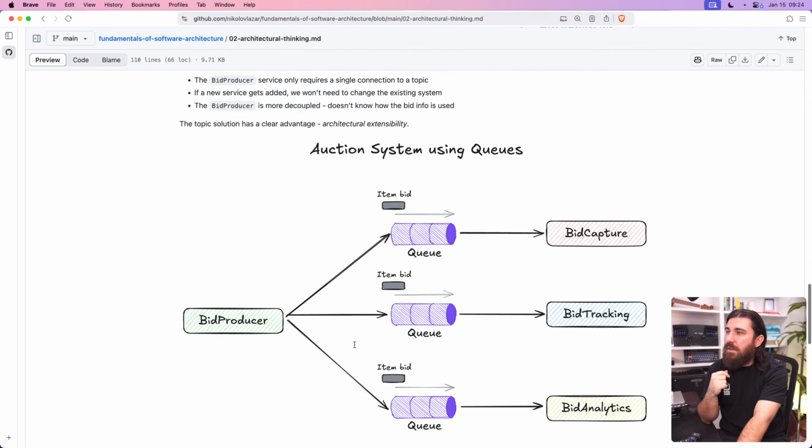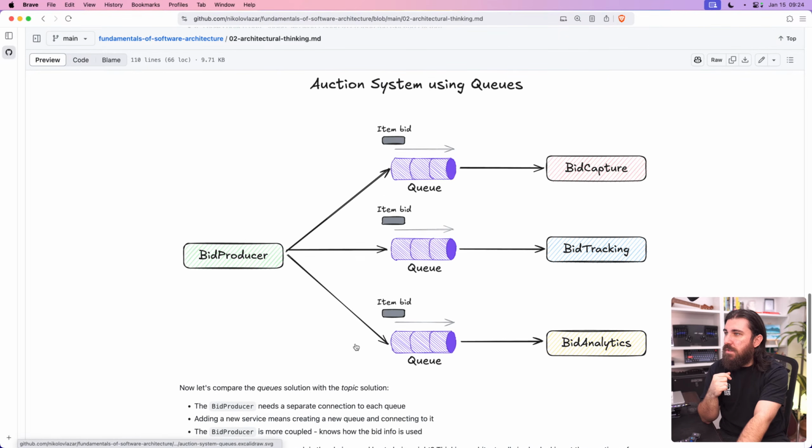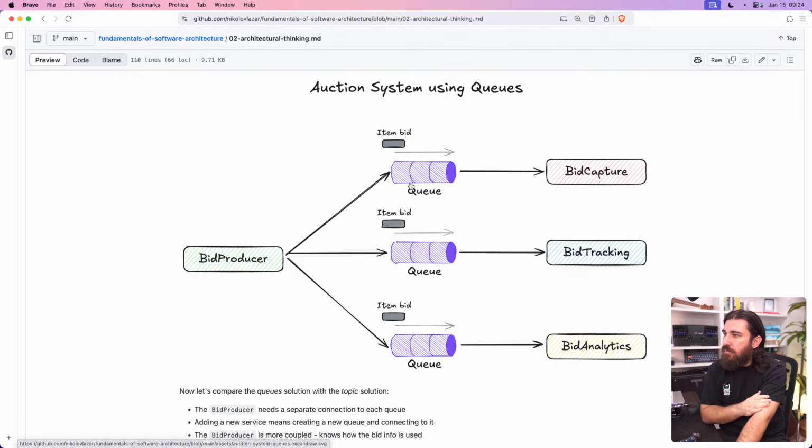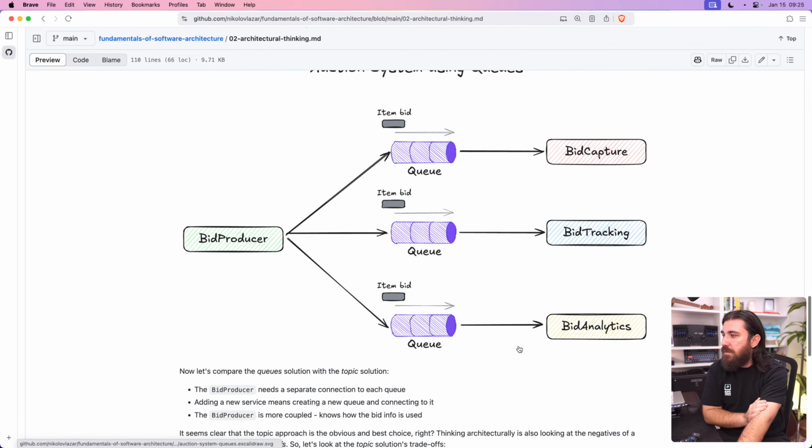Now let's look at the queues. The queue system looks like this. There's a queue for each of the services, or each of the consumers, let's say, and the bid producer needs to explicitly send the item bid to those queues in order to communicate to the capture, the tracking, and analytics services.